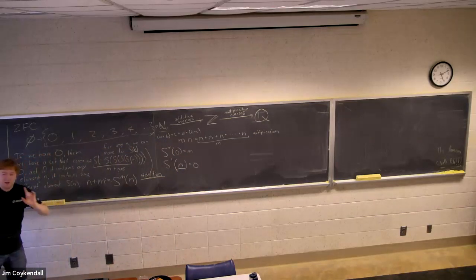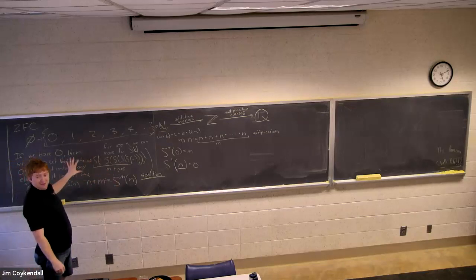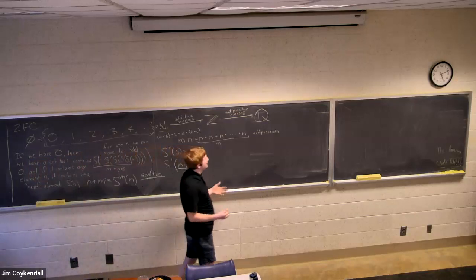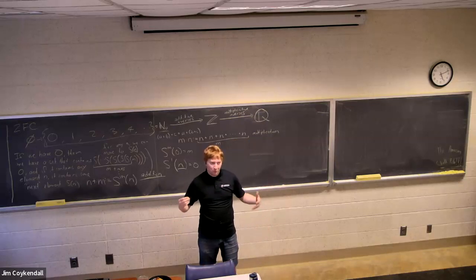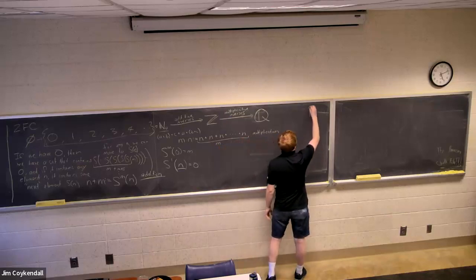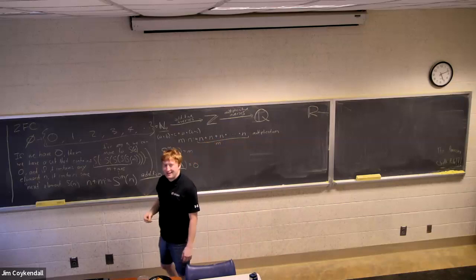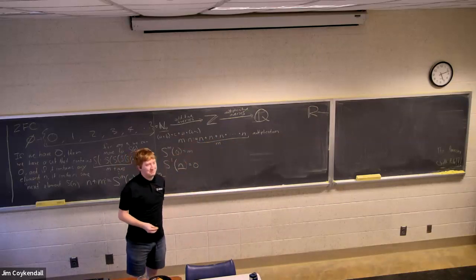Well, going forward from here is actually way more complicated than anything that we've done so far. I think naturally, we all know what the next step is. We all know where we need to end up. We need to end up with the real numbers. But how do we get to the real numbers? There's nothing with additive inverse, nothing with multiplicative inverse.